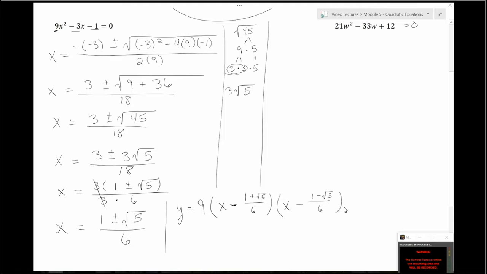So there's no way we could have factored it, because there's no way we would have guessed this pair. So we can see why the quadratic formula would be useful.